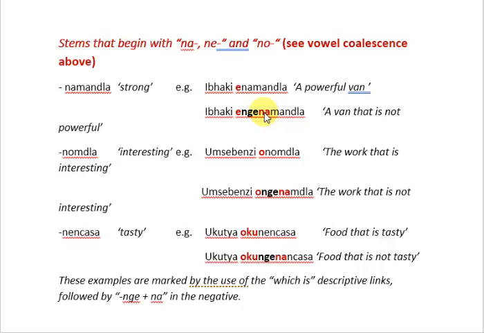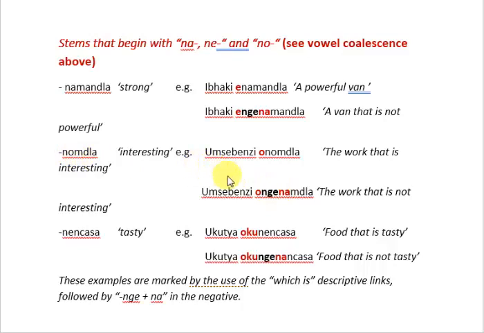The na is highlighted there, but again it does not really make much difference in this example because we will have na there as well. But in the following two it will become a bit clearer. Nomdla is our example. Umsebenzi onomdla, work that is interesting, and work that is not interesting would be umsebenzi ongenamdla.